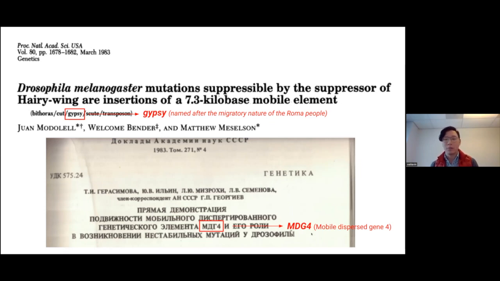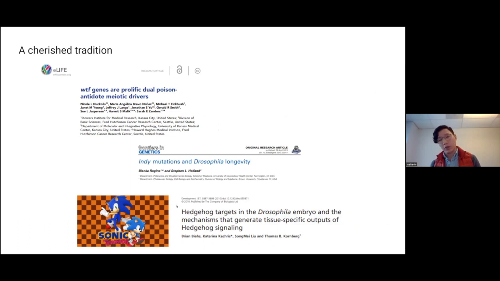So boring abbreviations tend to end up losing out to something more evocative. In this case, the name Gypsy won out, and probably also because no one read this paper that's not in English, unfortunately. And this is actually kind of a cherished tradition in genetics to have these funny, tongue-in-cheek or evocative names.